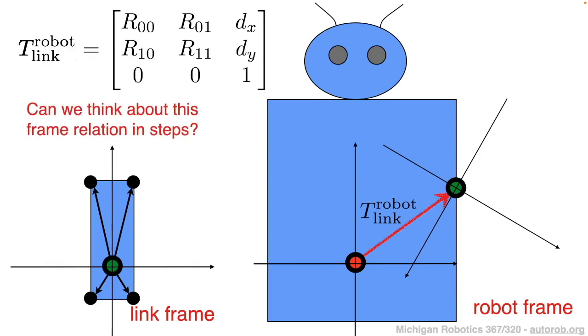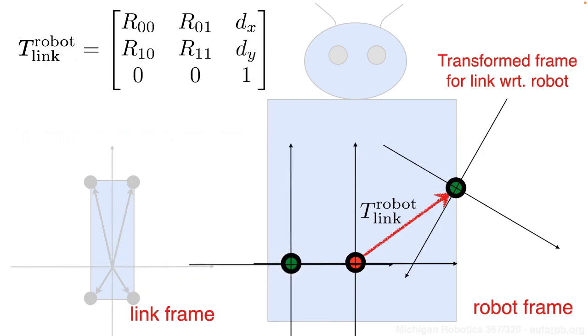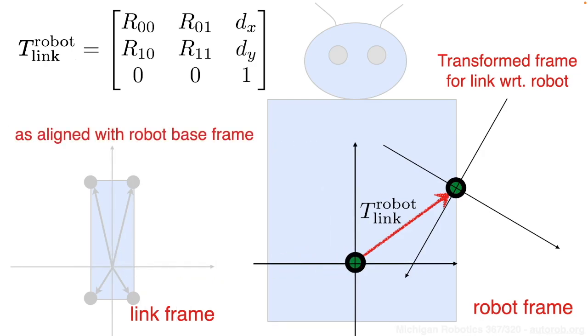And so how can we think about relating these 2 frames as a transformation in steps? We can think about it as first considering the link within its own frame, and then considering how we can transform that link frame into the robot frame. First, we start with an aligned set of frames where the link frame perfectly aligns with the robot frame.